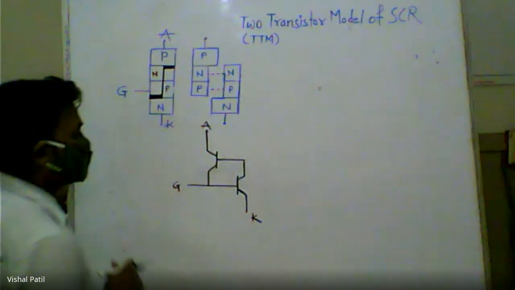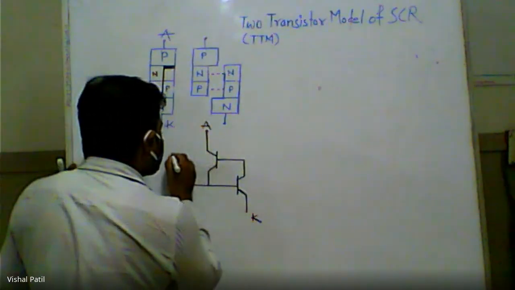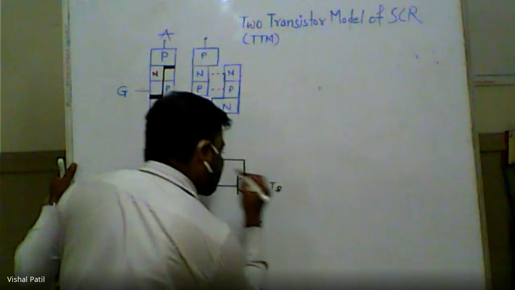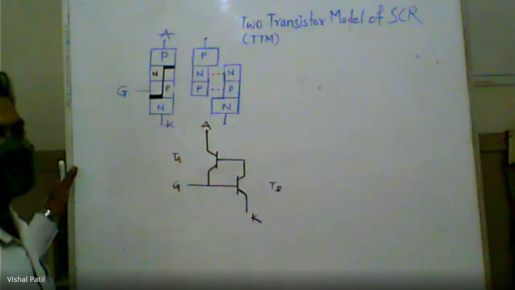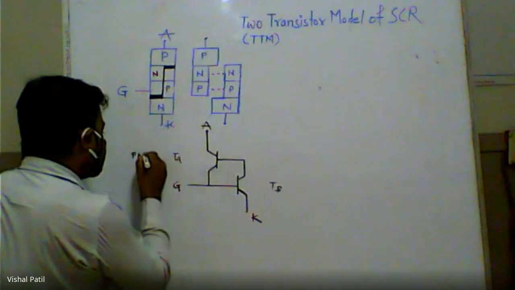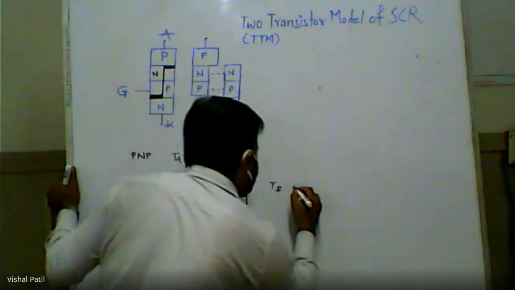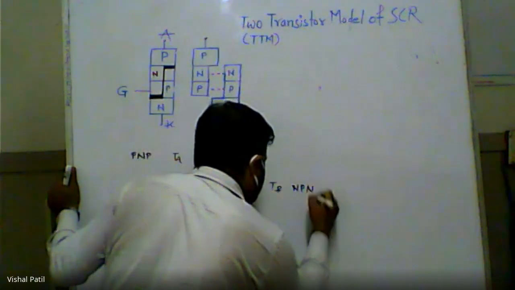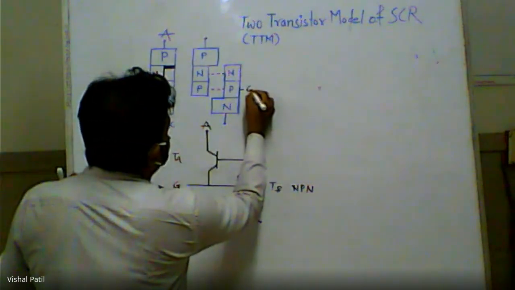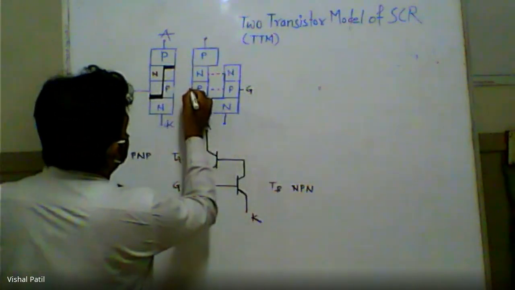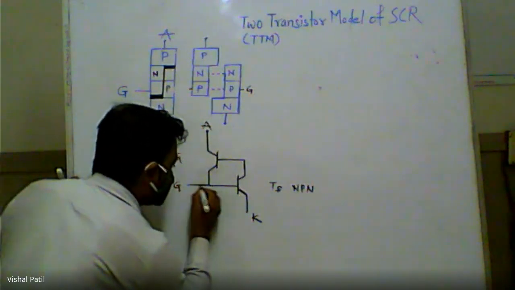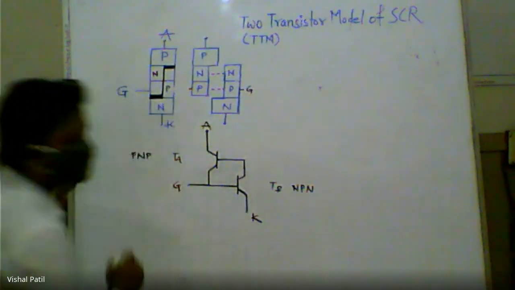If I say this is transistor PA and this is transistor PB, these two transistors are connected back to back. The earlier transistor is PNP type, the later transistor is NPN type. Here you can show the gate terminal, and here also the gate terminal is available. So the gate is common to the PNP as well as the NPN.